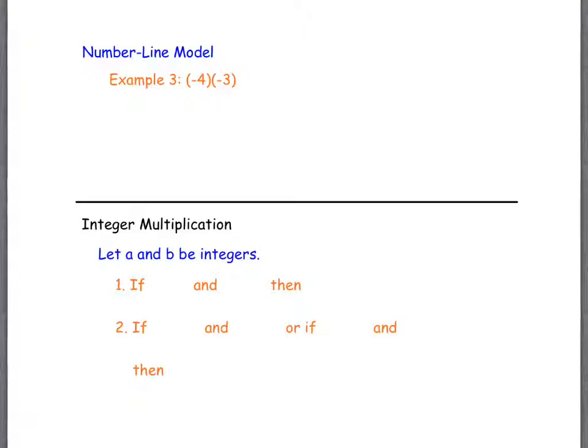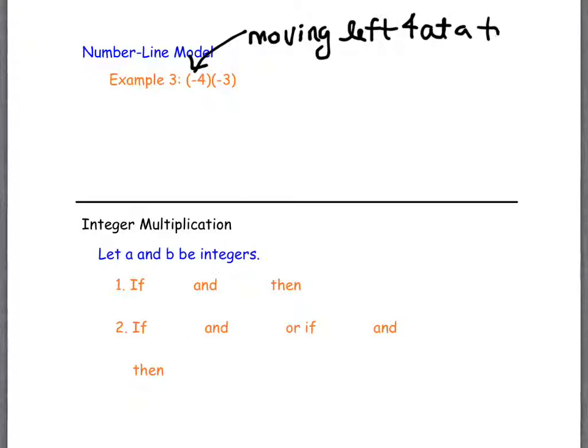Let me show you. All right, so this -4 here is moving left 4 at a time. And you're probably okay with that, sort of like you're jumping, right? You're jumping across, 4-foot jumps or whatever.